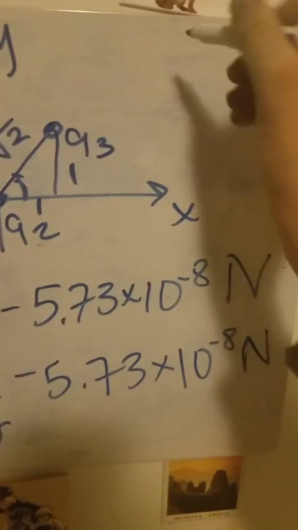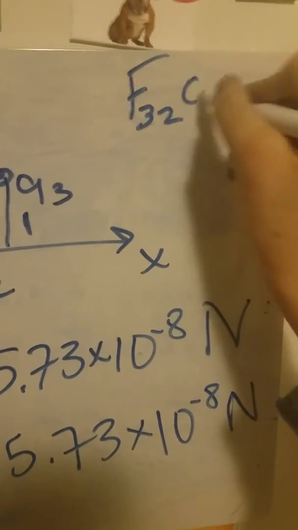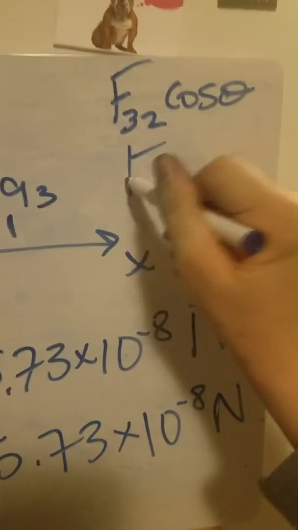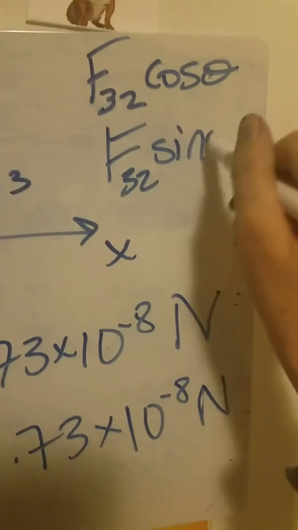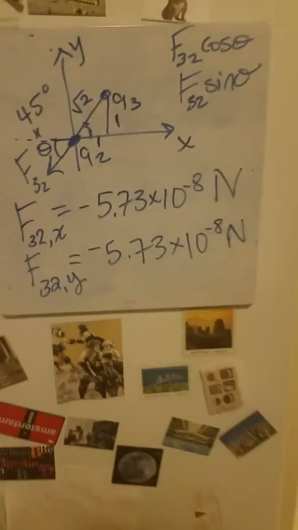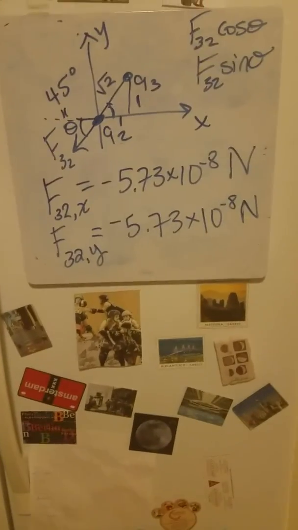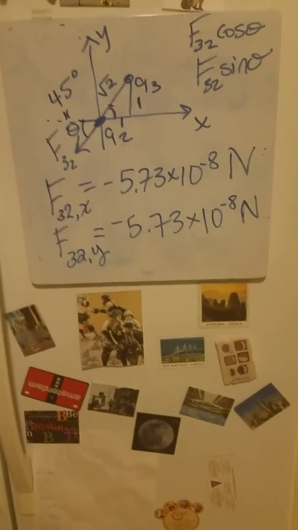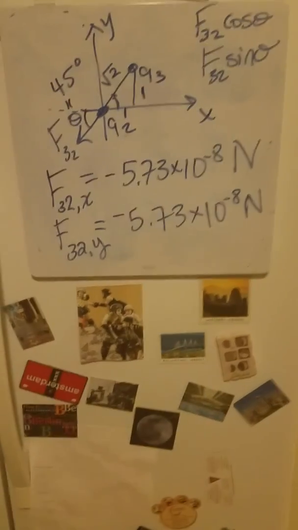Right? So these numbers are coming from doing F32 cos theta, F32 sine theta, in case that wasn't clear. All right, we're going to pause here for just a second, and I'm actually going to stop this video so it doesn't get overly long, and it'll be broken into 2 pieces.